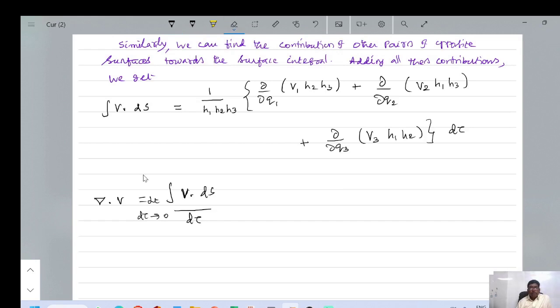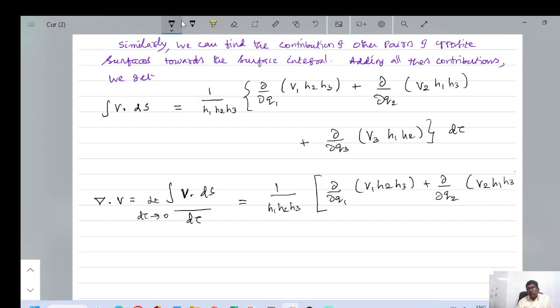This is the value of div. Then we can write 1 by h1 h2 h3 into ∂/∂q1 of v1 h2 h3 plus ∂/∂q2 of v2 h1 h3 plus ∂/∂q3 of v3 h1 h2.